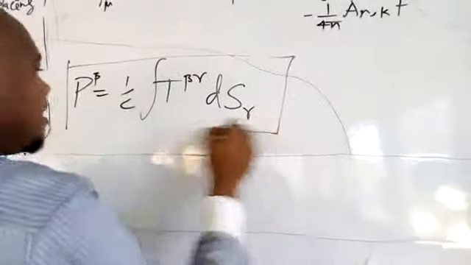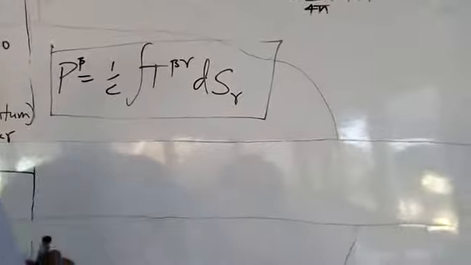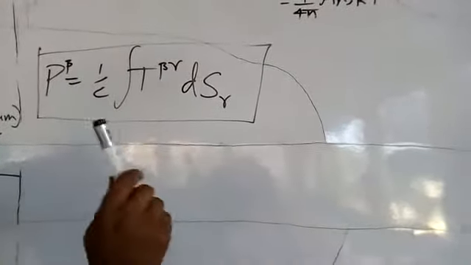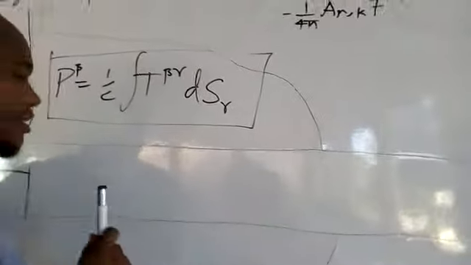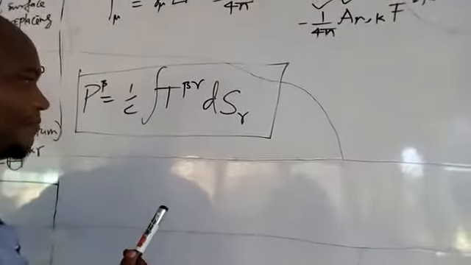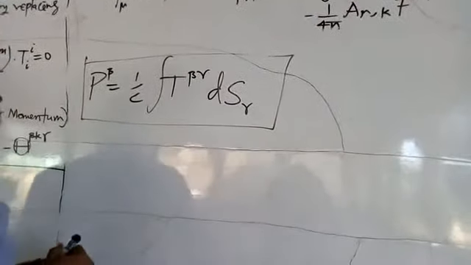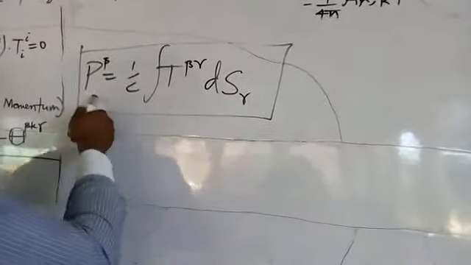Now the concern here is, we said that the energy momentum tensor, especially in the way we have defined it and used it so far, is not unique. So does that mean also that the form momentum is not unique?